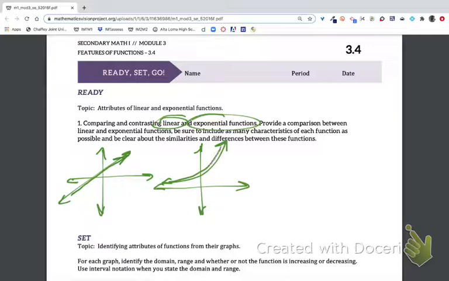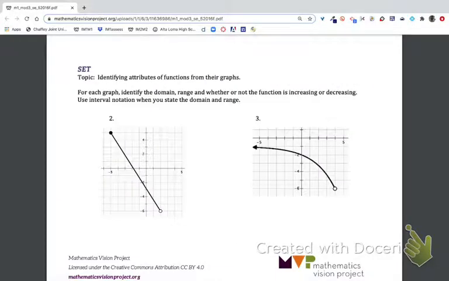Once an exponential function goes up, it is always going to go up. So it will maintain a consistent increase or decrease. Just the rate at which it will increase or decrease may be different. For the set portion, we're really working on that domain, range, increasing, decreasing, and interval notation.